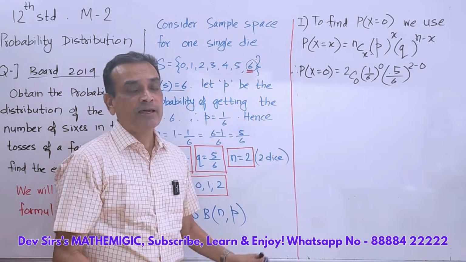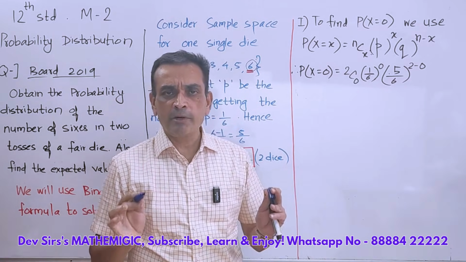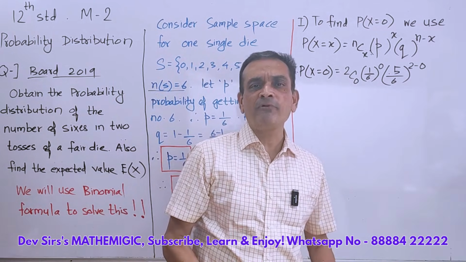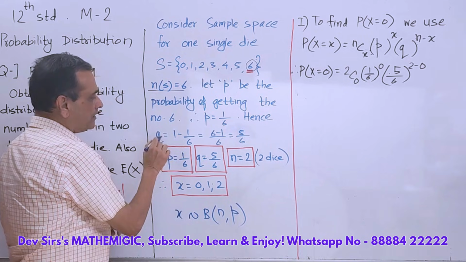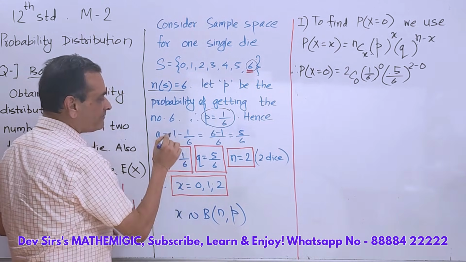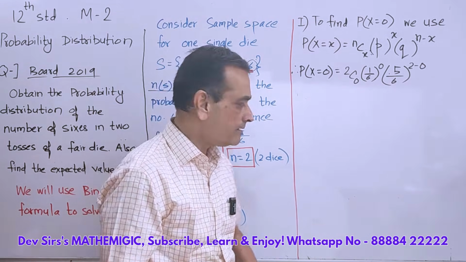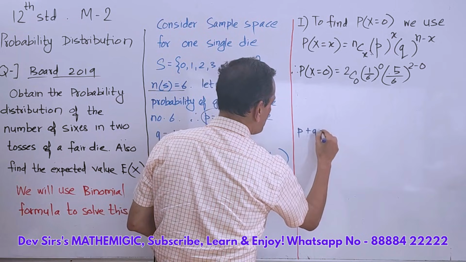Now the probability of failure. Remember, in binomial distribution you have the probability of success and the probability of failure, both. So the probability of failure means 1 minus 1 by 6. Whatever you get as p, you subtract from 1, because we use the formula p plus q equal to 1.